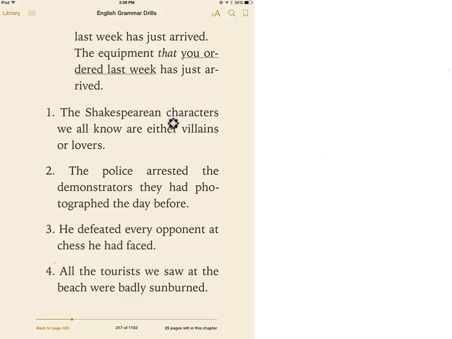Well, I know that characters is the antecedent, and because this is formal writing, I'm going to be using either who or whom. It's talking about a person, and the pronoun is missing. If it's missing, I already know it can't be who, because we can't get rid of the subject.